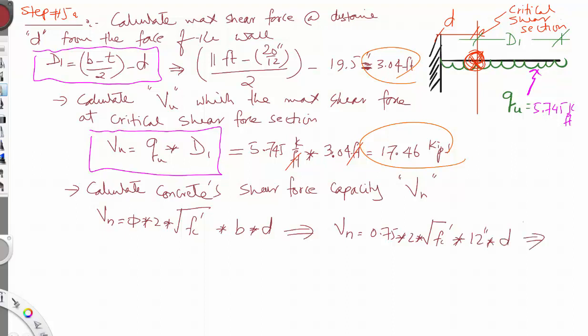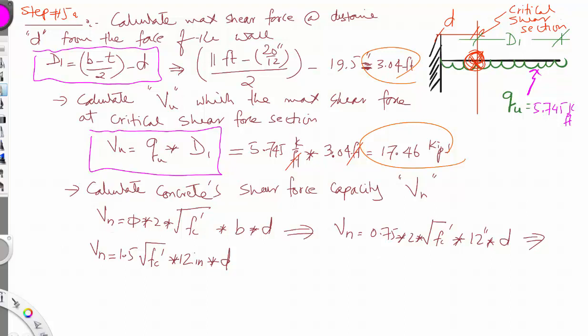Just trying to make the equation as simple as possible, we'll simplify this even more. So Vn is equal to 0.75 multiplied by 2, which is 1.5, times the square root of f'c, which will always be in psi, multiplied by 12 inches and multiplied by the depth.